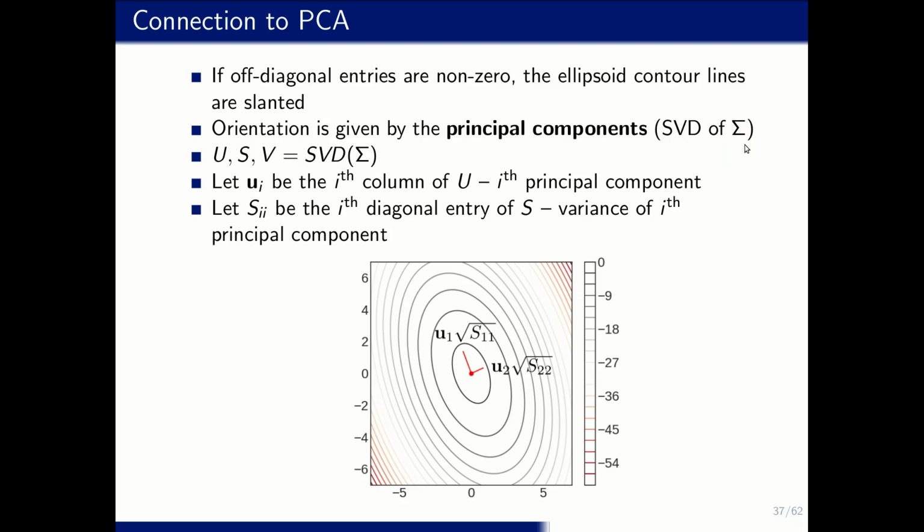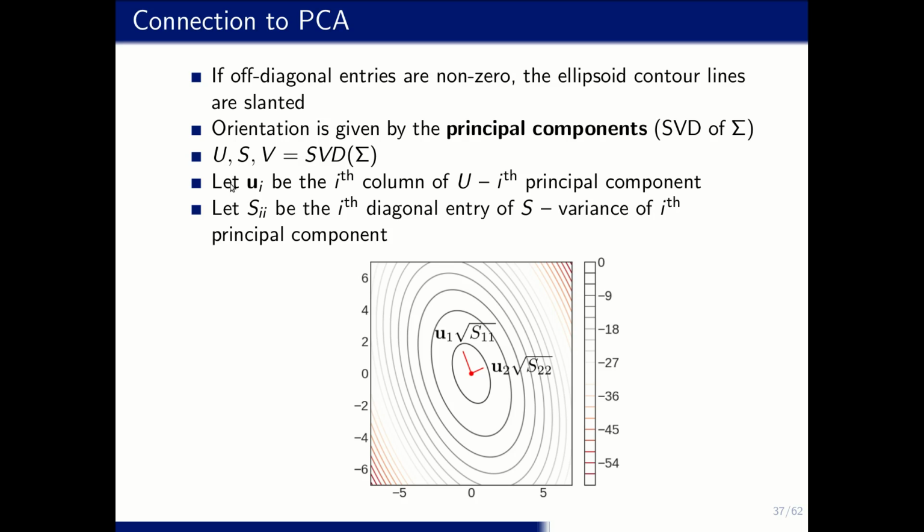So let's take our covariance sigma, which parameterizes our Gaussian, and apply the SVD. The SVD gives us 3 matrices: the U matrix, the S matrix and the V matrix. And since sigma is positive definite, it's therefore also symmetric, and therefore U and V are essentially the same.